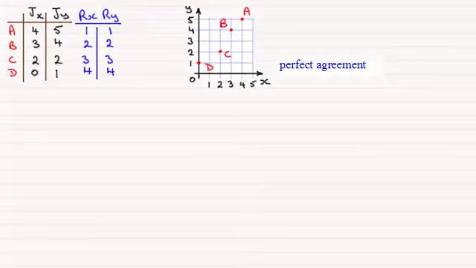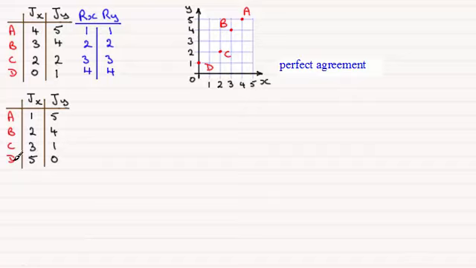Now suppose the judges had awarded marks like this to A, B, C and D, as you can see in the table. Do they agree this time? Well, let's just have a look at the rankings for X and for Y. When we look at how Judge X ranked A, you can see this was given the lowest mark.